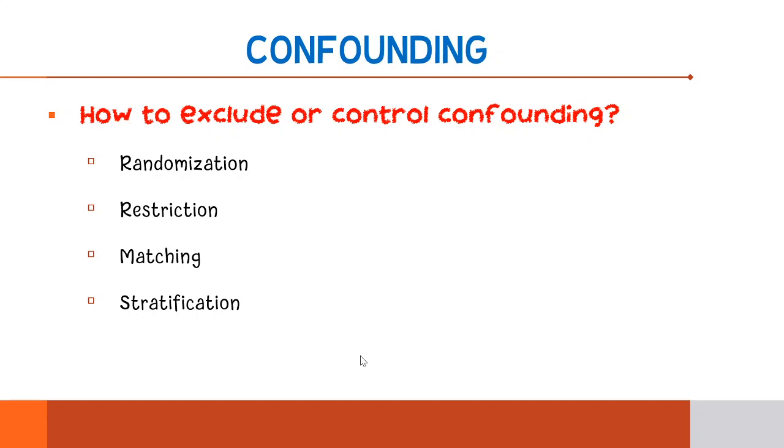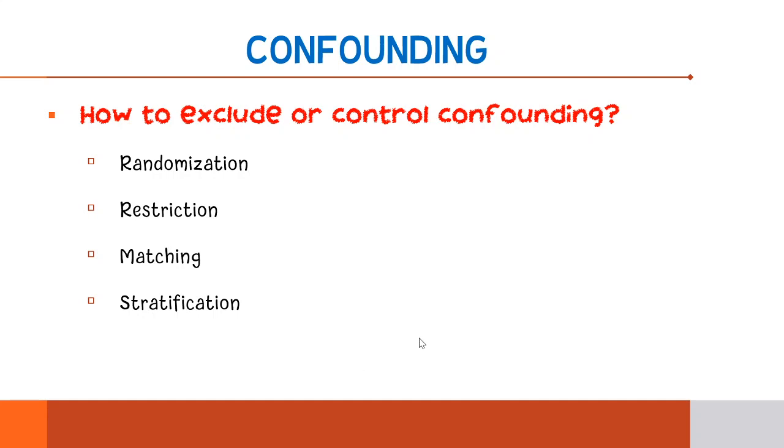If sex is the confounding factor, then we can limit our participants to only men or only women. Again, restriction. If age is the confounding factor, then we can choose a specific age category. So, we can restrict our participants to only 10 to 20 years old, or 56 years old. That is restriction.